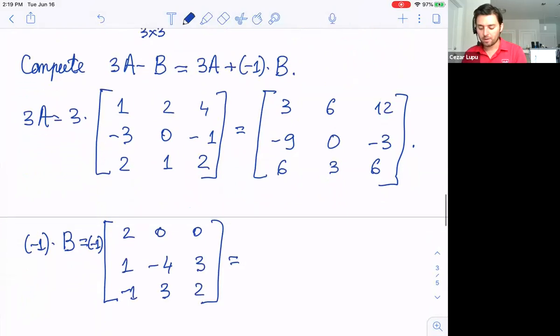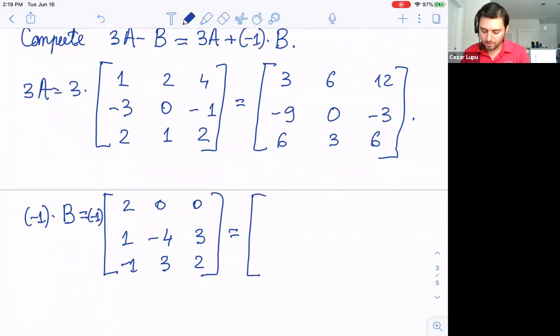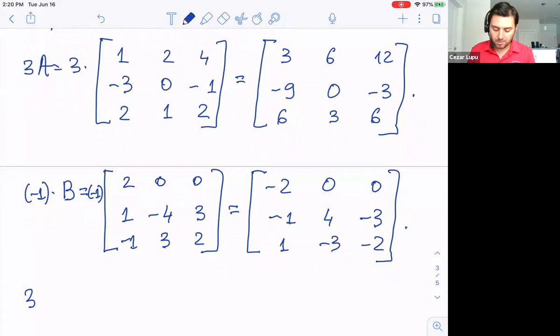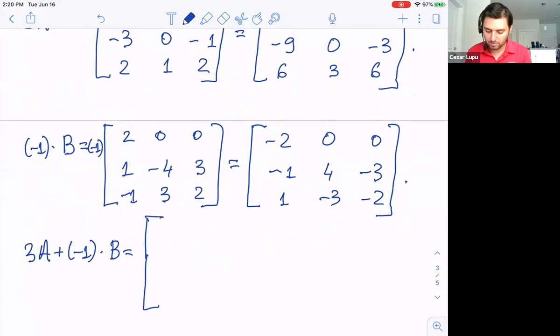Okay. So this would be, so let's multiply it. -2, 0, 0. Then -1, 4, -3. Then 1, -3, -2. And now guess what? This implies that 3A plus -1 times B will be nothing else than just adding these two matrices.